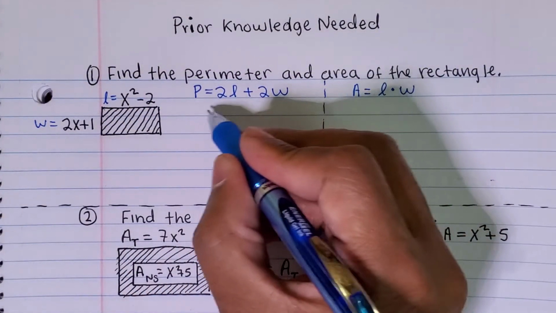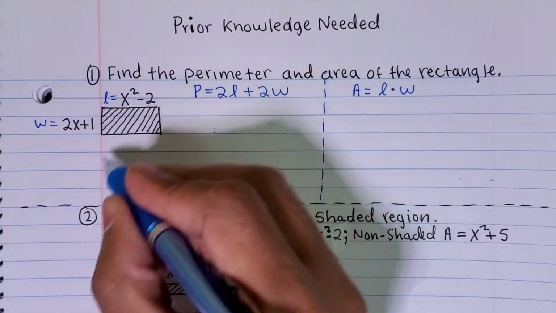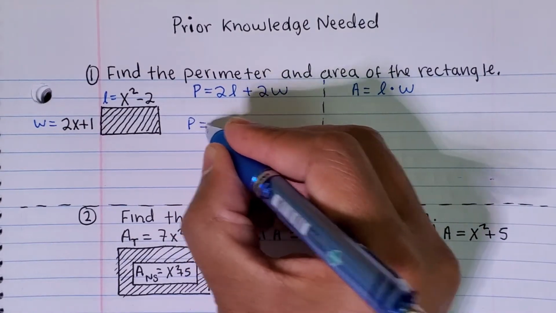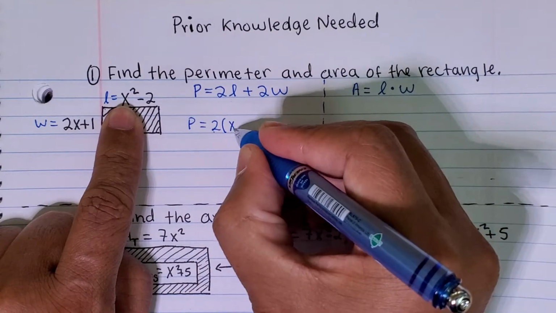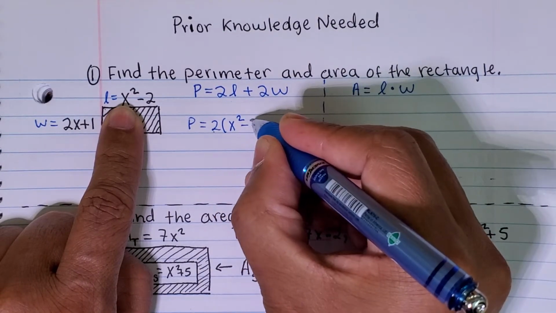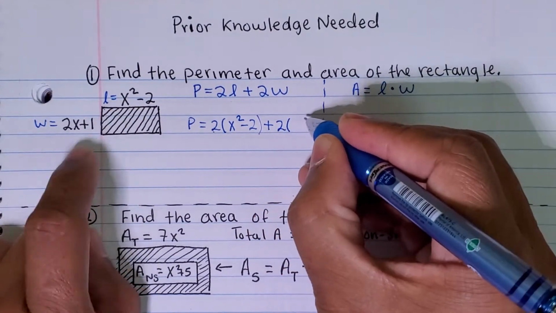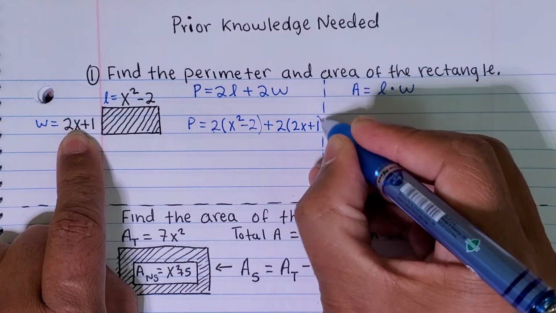Okay, to find the perimeter of a rectangle, we just substitute these expressions into that formula. So the perimeter is going to equal 2 times the length. The length is x squared minus 2, plus 2 times the width, and that's 2x plus 1.